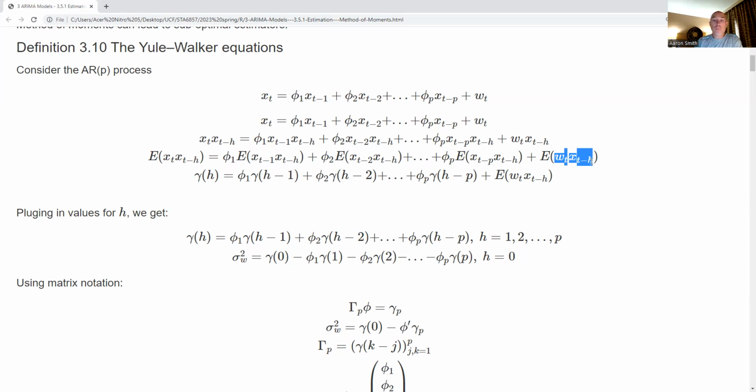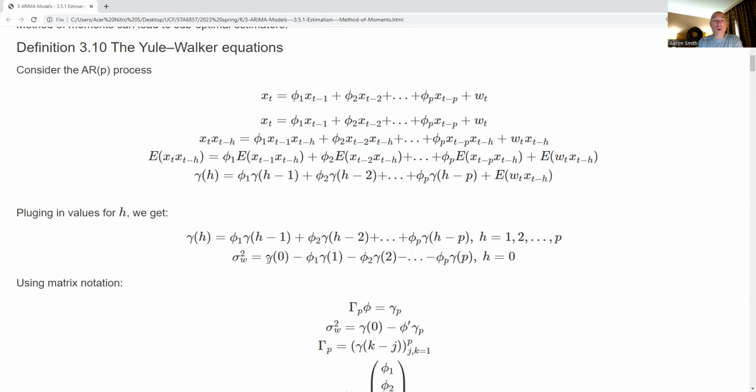Depending on what we put down, we'll get different values. And so we're going to have two situations. When h is equal to 0, I'm going to end up getting this equation. Notice that I've got gamma of 0, and I'm subtracting all of this business.